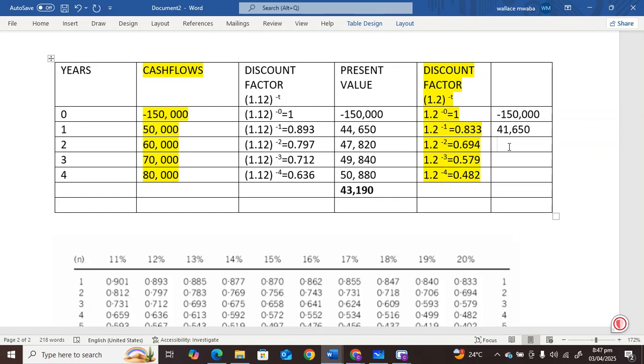60,000. Okay, 41,640. Yes, I'm also getting that. 70,000 times 0.529 is 37,030 kwacha.